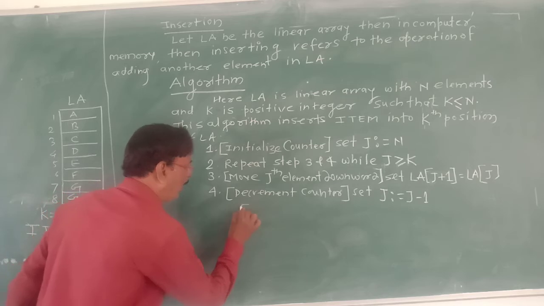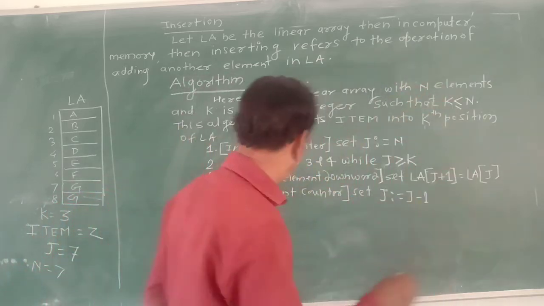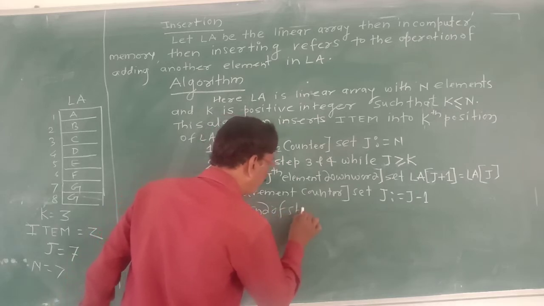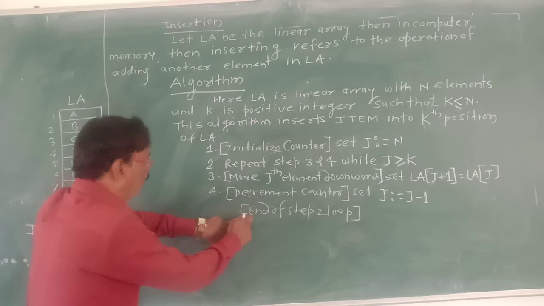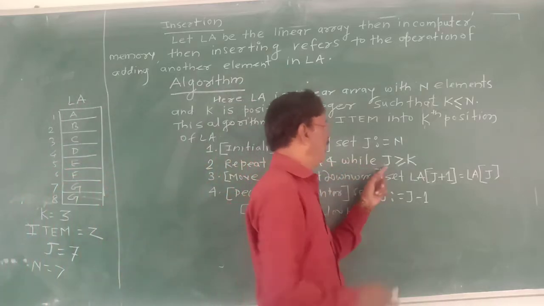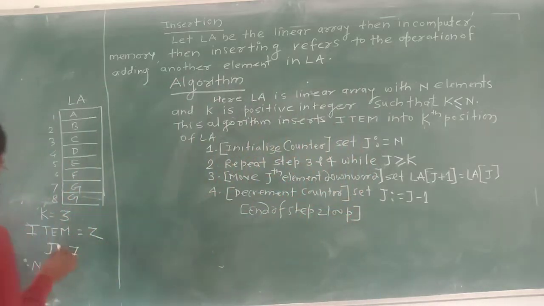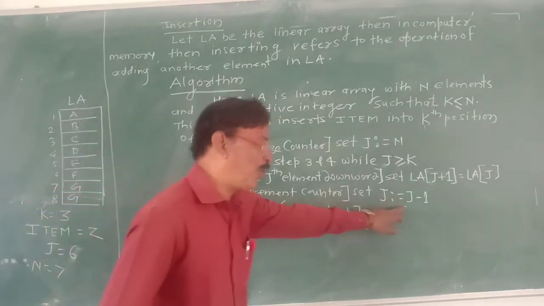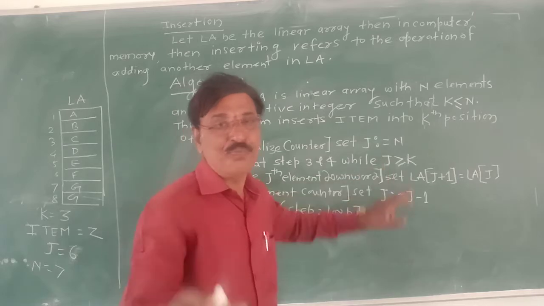So here is the end of the step 2 loop. Why is it necessary? Because you have to go back to step number 2 and check the condition J is greater than or equal to K. Now J is 6, because step 4 made J equal to 6, so the condition is still satisfied.